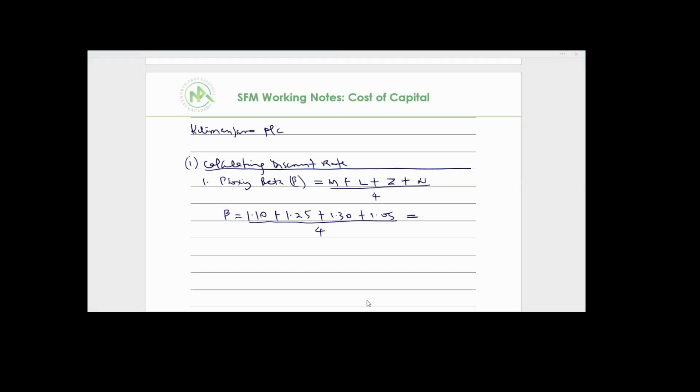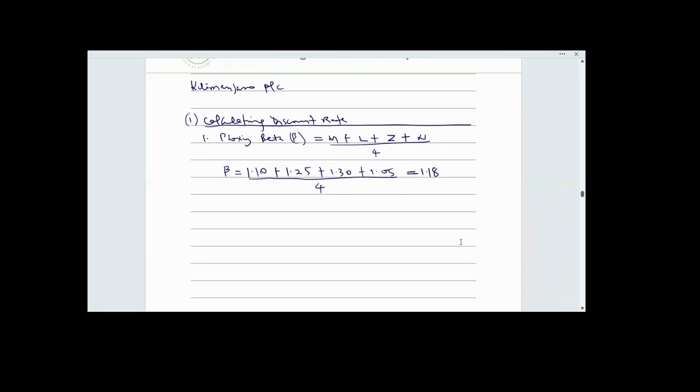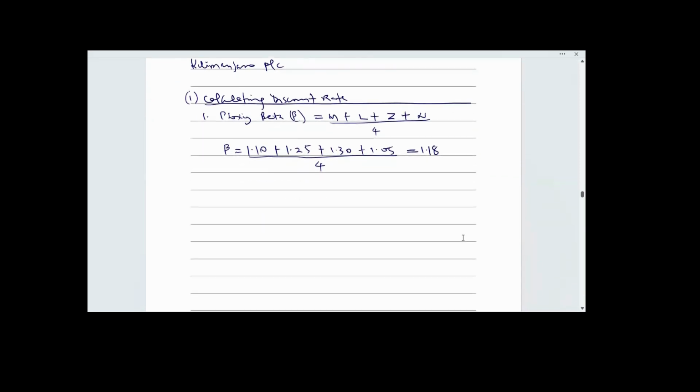Plus 1.3, then plus 1.05, equals, then divide by 4, equals 1.175, approximately 1.18. So we have identified the proxy beta, and the average beta for the 4 freezer companies is 1.18. Then that will take us to step 2.